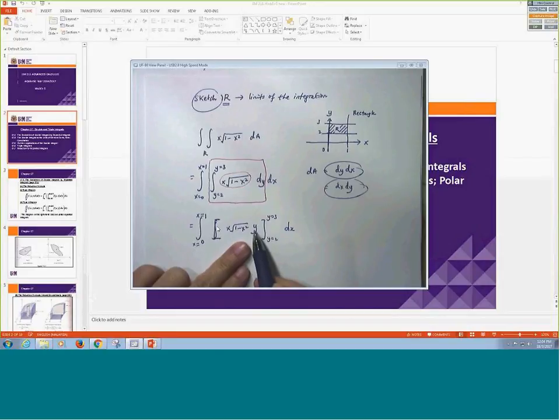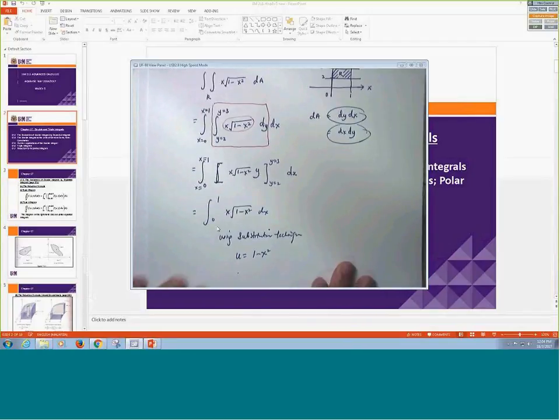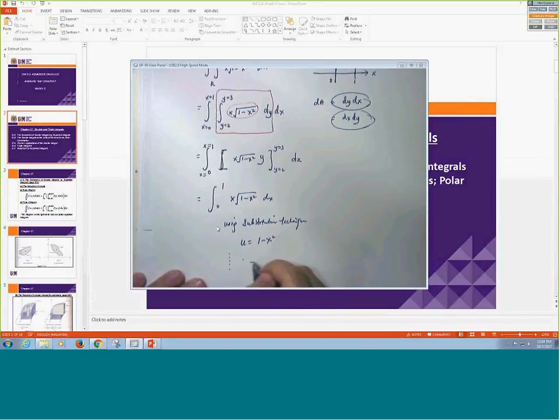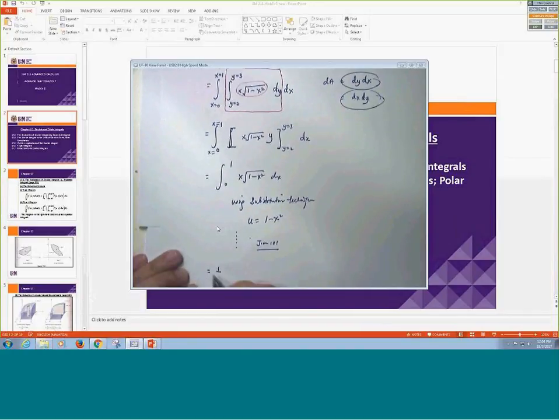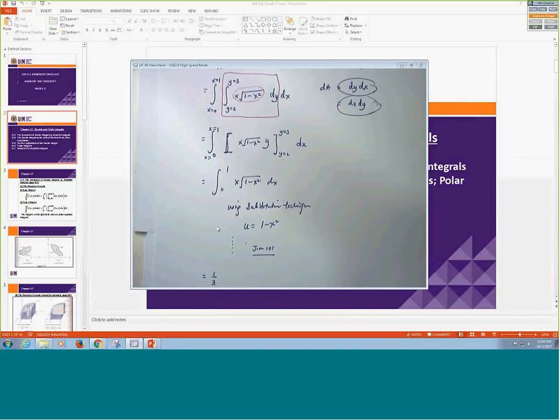When I substitute y, 3 minus 2, I get this. Then I solve it using the substitution technique, assuming u equals 1 minus x squared. Solving this is like in JIM101 calculus. At the end, the answer is 1 over 3.